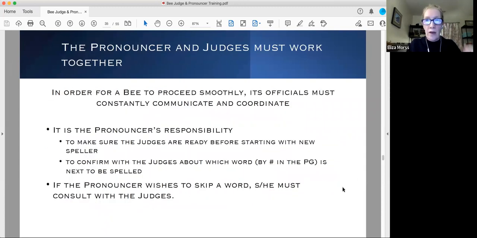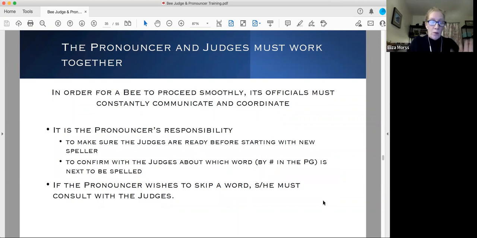So moving on. As I said, the judges and pronouncers, obviously this is an interplay between these officials. In order for everything to work smoothly, they've got to communicate and coordinate. In addition to the pronouncer having a conversation with the spellers, it's also the pronouncer's responsibility before each conversation with a new speller to make sure the judges are ready.